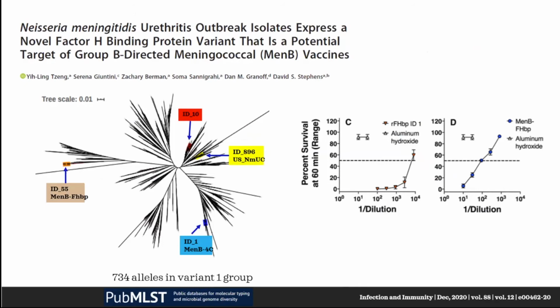This is another example of a paper looking at the FHBP, the factor H binding protein of this clade isolate, and its relationship to other FHBP members on the dendrogram, and its contribution to serum resistance of the clade.